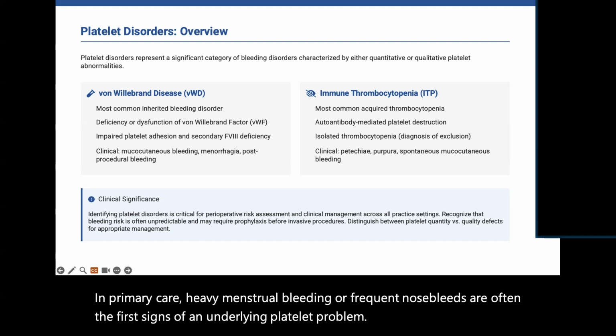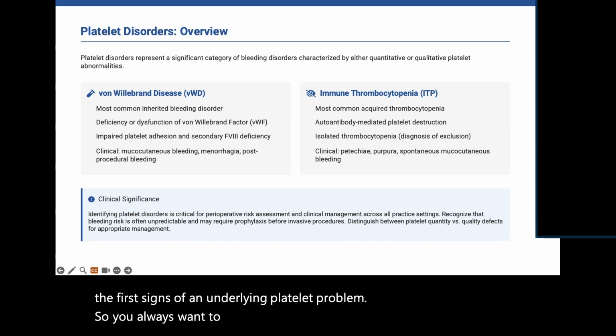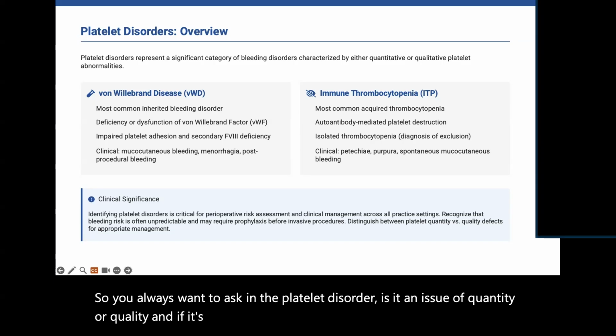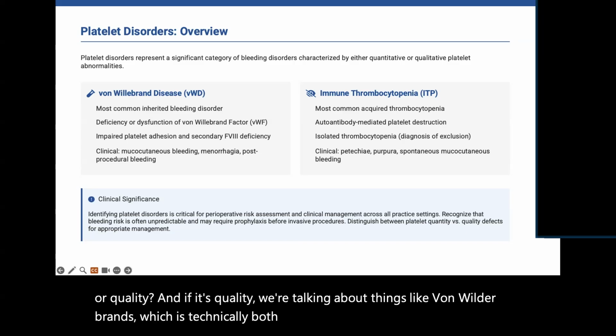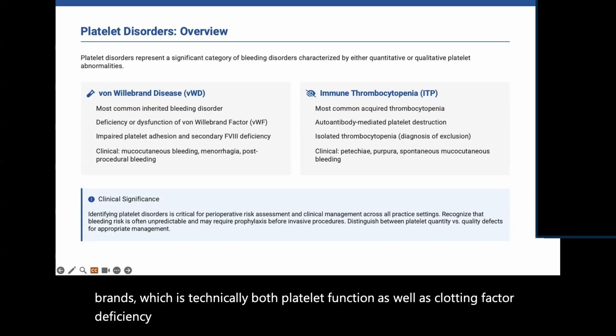So you always want to ask, in a platelet disorder, is it an issue of quantity or quality? And if it's quality, we're talking about things like von Willebrand's, which is technically both a platelet function as well as a clotting factor deficiency, or ITP, where the bleeding risk doesn't match the platelet count perfectly.